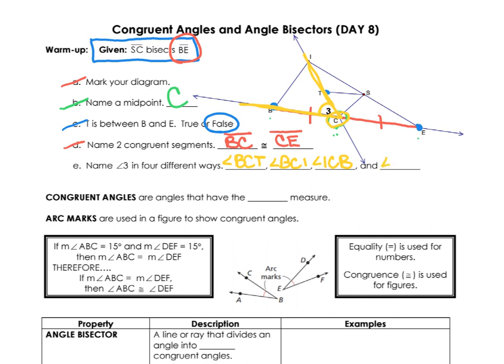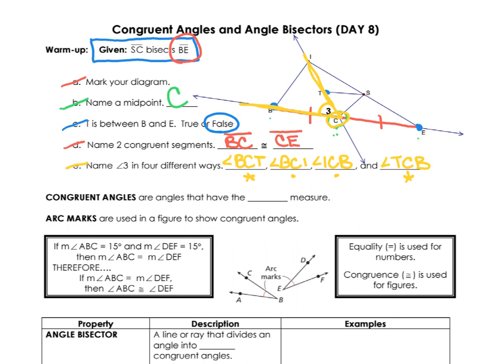And we can also say angle TCB. Notice these ones here are exactly the same letters, but the first and third have been interchanged. And these ones here are the same letters, but the first and third letter were interchanged. Okay. All right, part E is done.